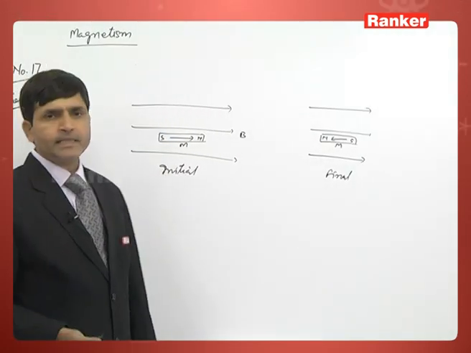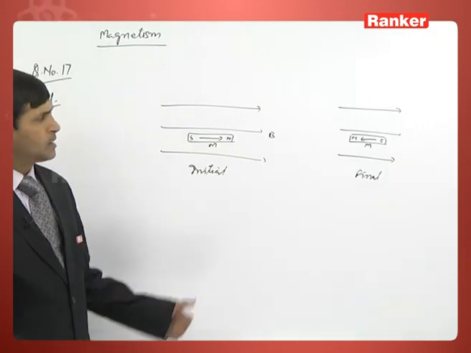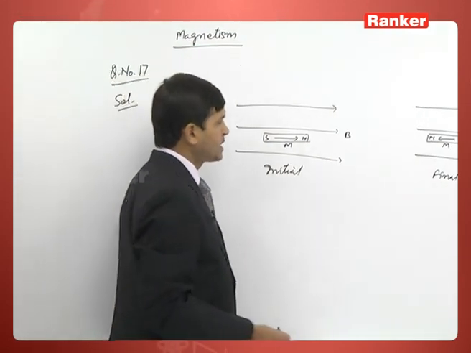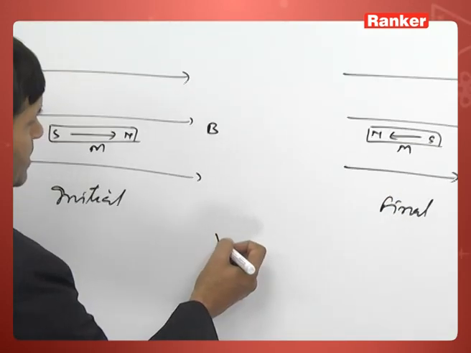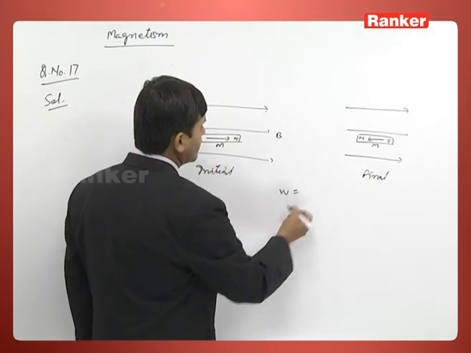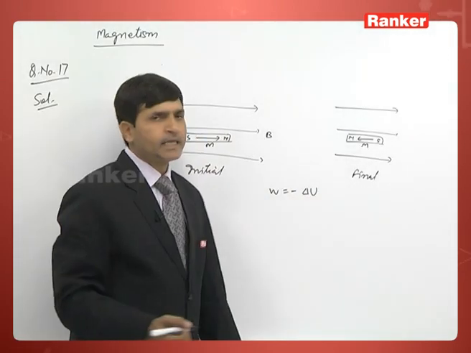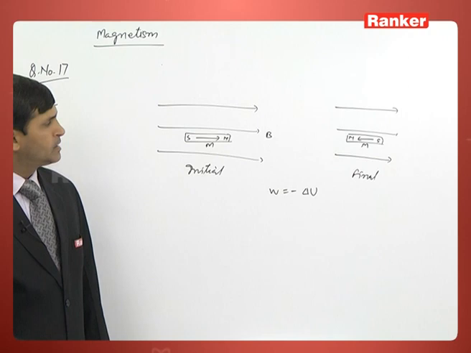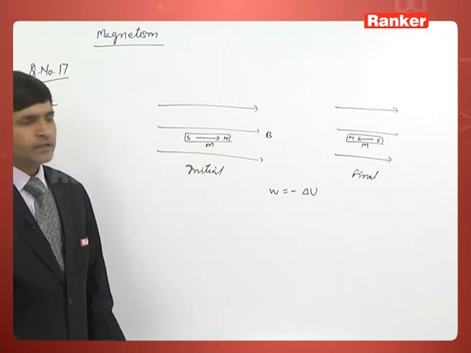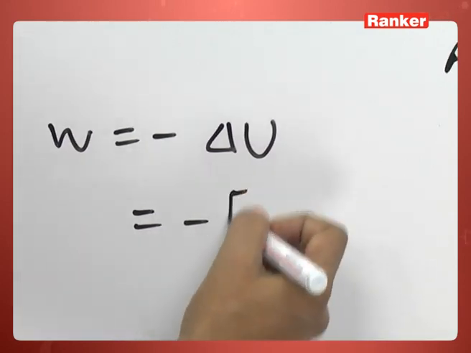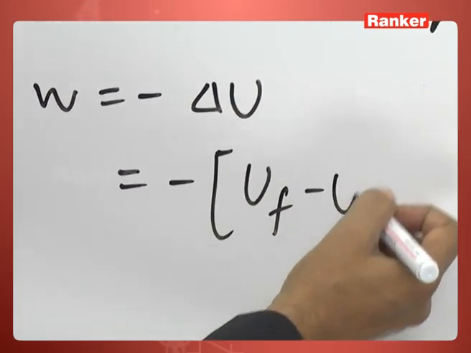So the work done is equal to the negative of the change in potential energy by the conservative forces. This is written as minus (U final minus U initial).